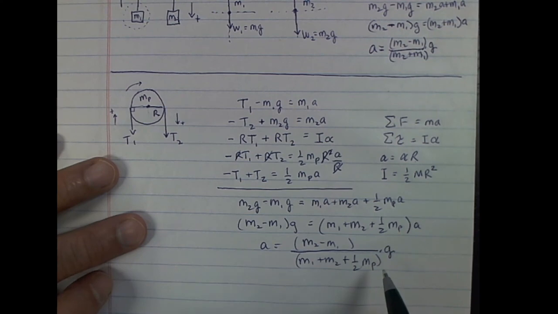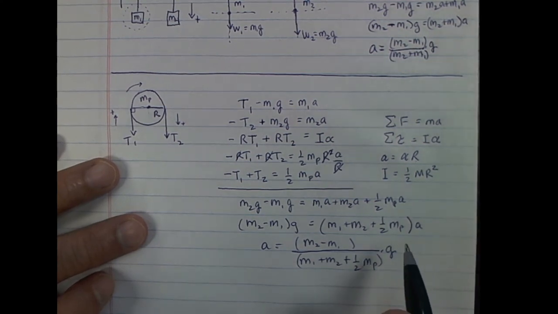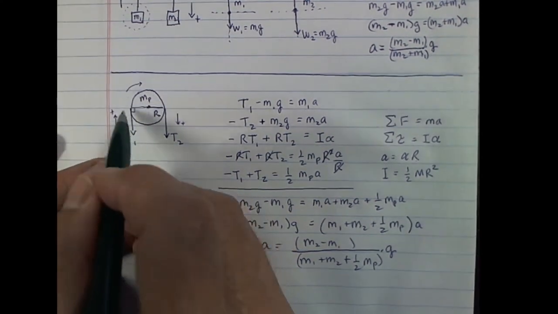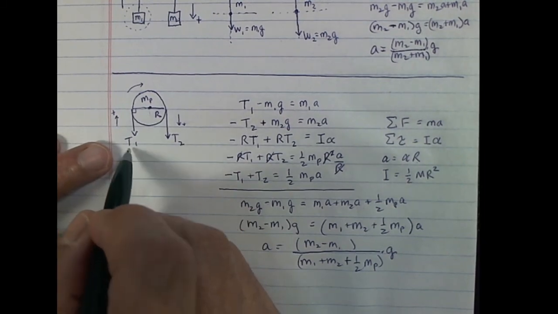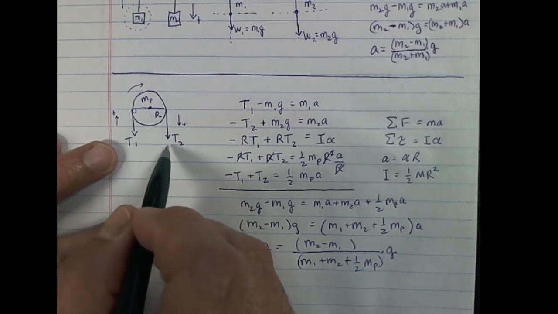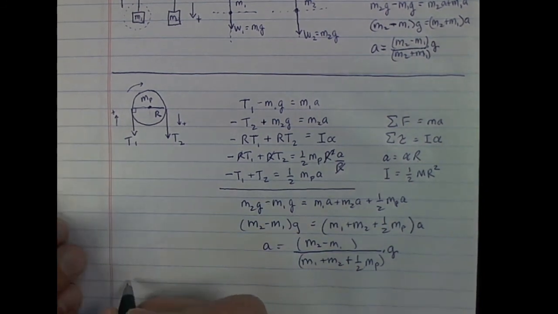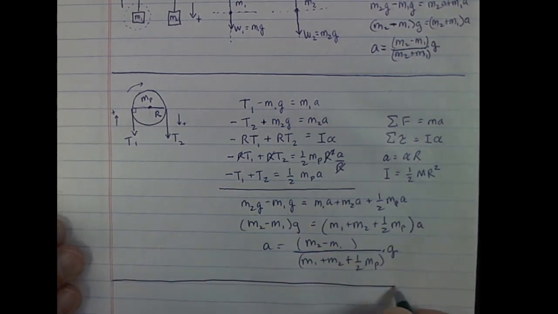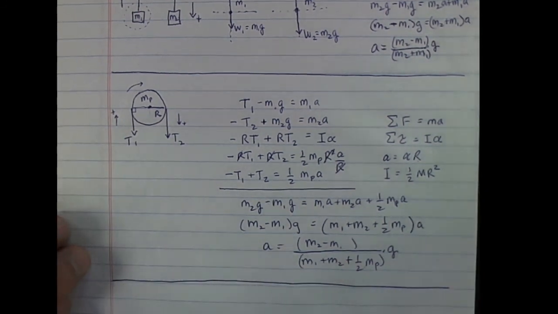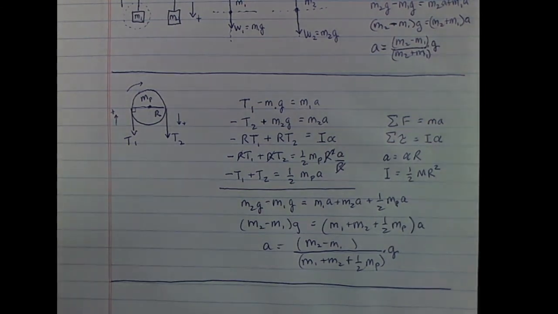It'd be like having a railroad wheel hanging here, and a BB and a bowling ball for T2. It's going to accelerate, but not near like G. Still a lot less. I hope this helps with understanding a little bit about utilizing Newton's second law for both rotational and just linear motion.